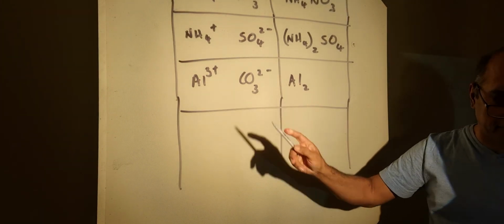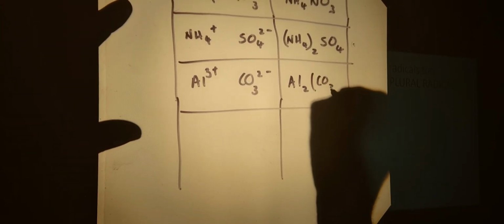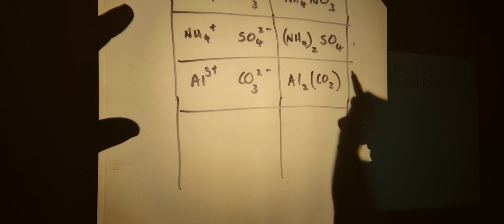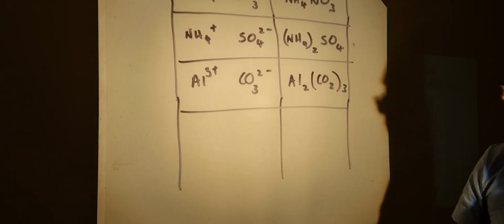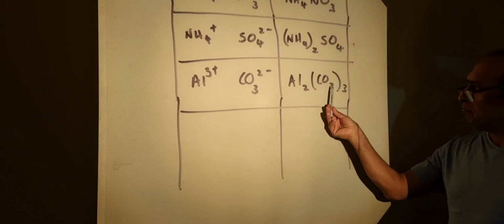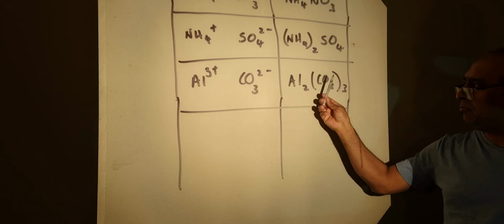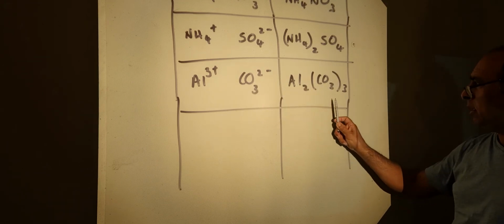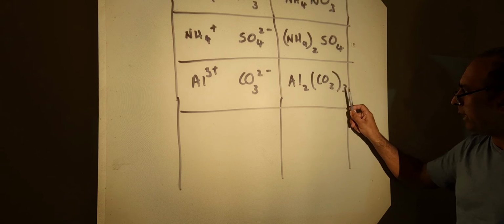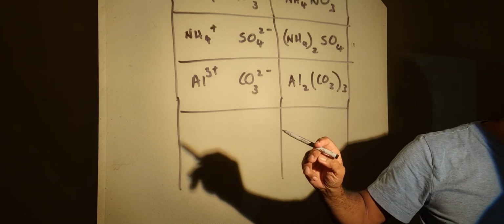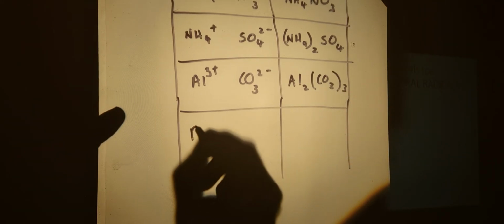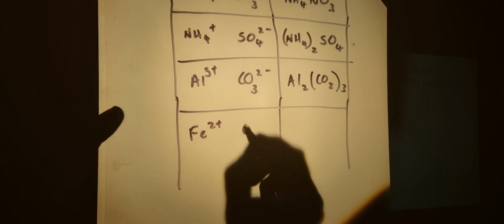We need 3 of them. Therefore, open brackets. CO3 is the radical carbonate. To take 3 of them, put it in a bracket, and 3 on the outside. And finally, iron 2 hydroxide.